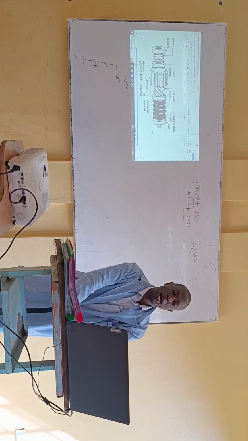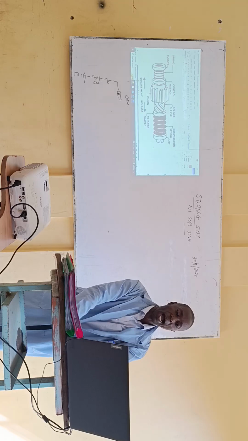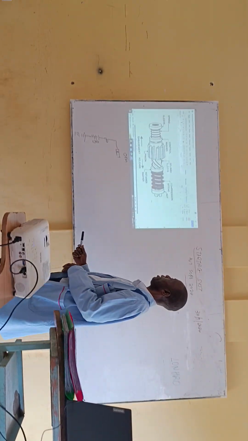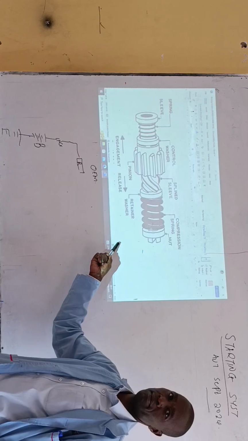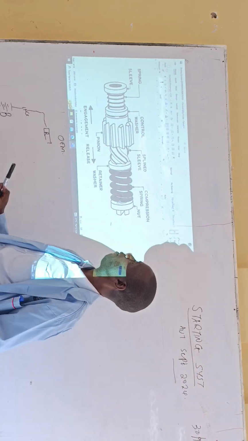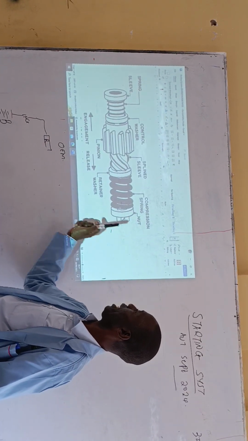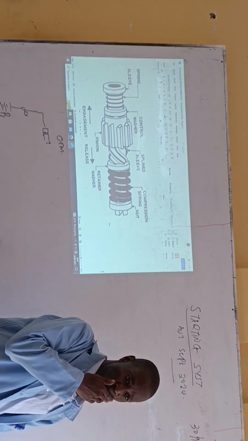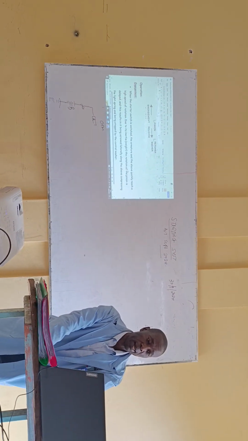So this is basically how it looks, and this is how the engagement and release work. So we have a spring sleeve, a control washer, a splined sleeve, a compression spring, and a nut, and that is all about the construction of an inertia type of starter motor.